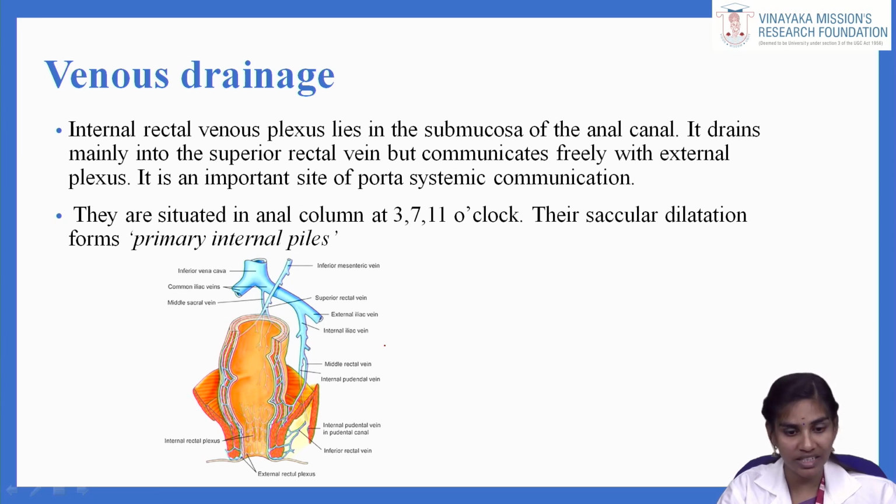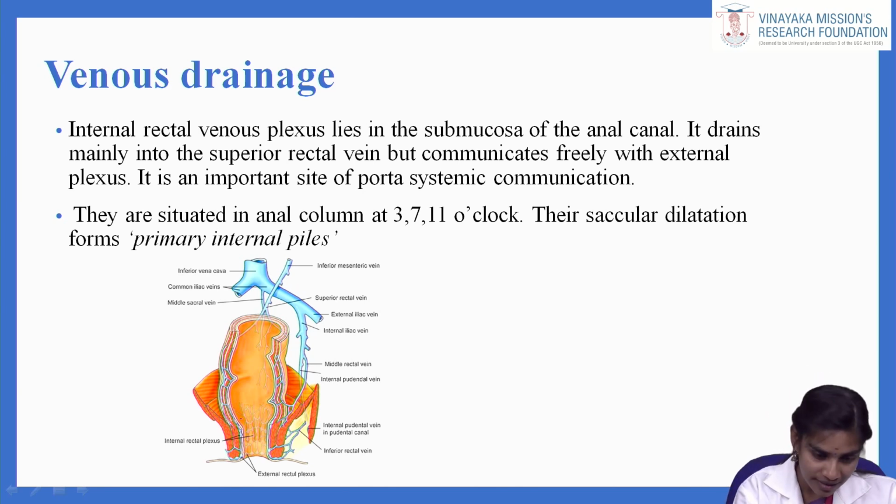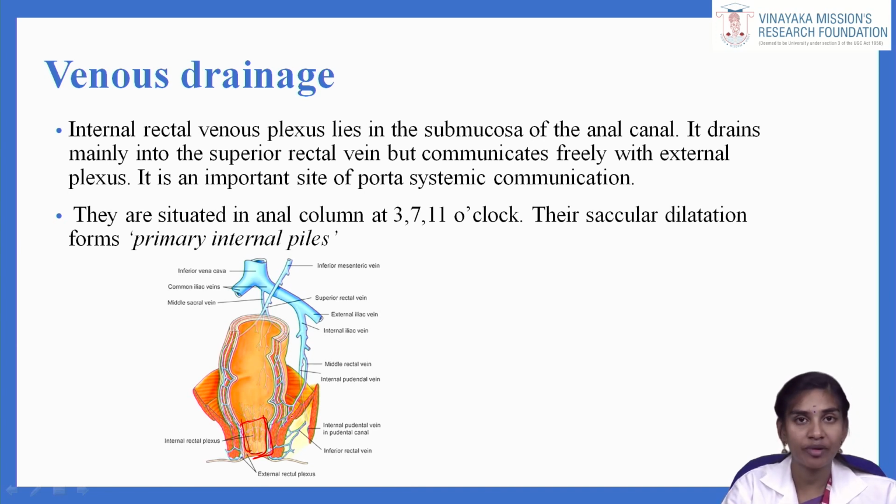It is an important site of portosystemic communication. They are situated in the anal columns at 3, 7 and 11 o'clock positions. Their saccular dilatation forms primary internal piles. So these are the venous plexuses found in the anal canal. If these venous plexuses dilate, the patient will get hemorrhoids.